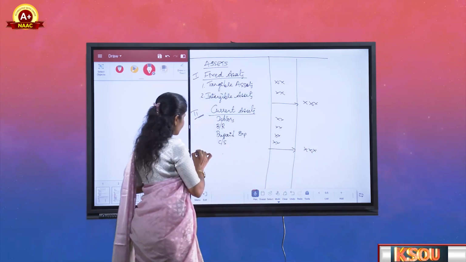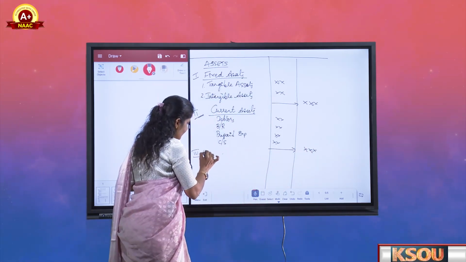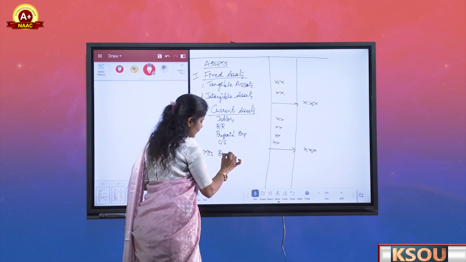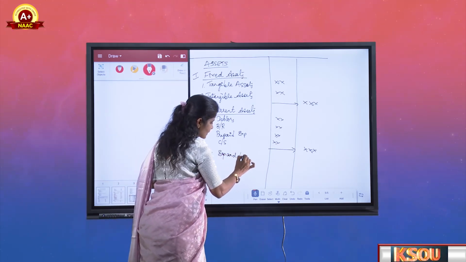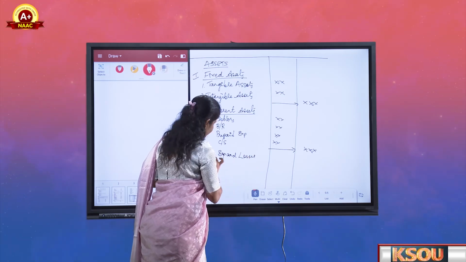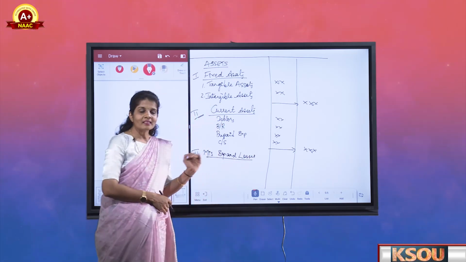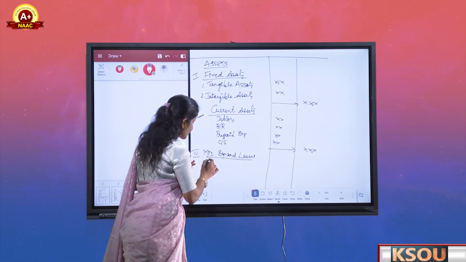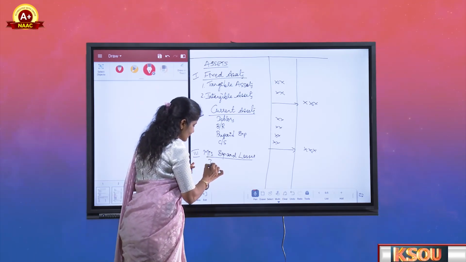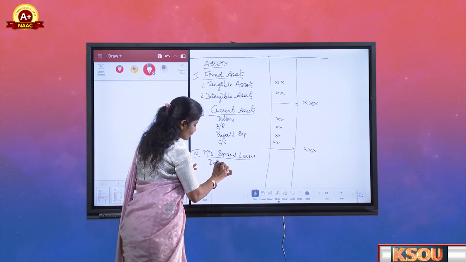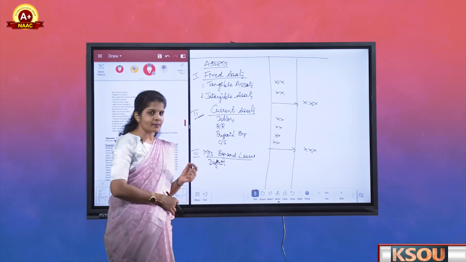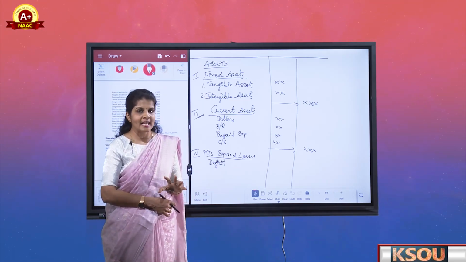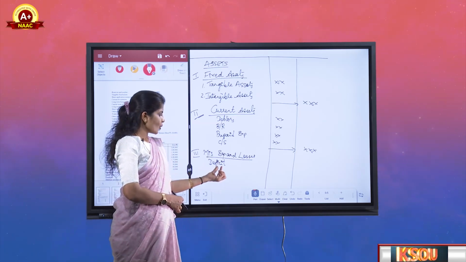The last heading is miscellaneous expenses and losses. Under miscellaneous expenses and losses, what items will we get? If there is any deficit, a profit and loss deficit. Deficit means that if there is a loss during the business, that is called deficit.